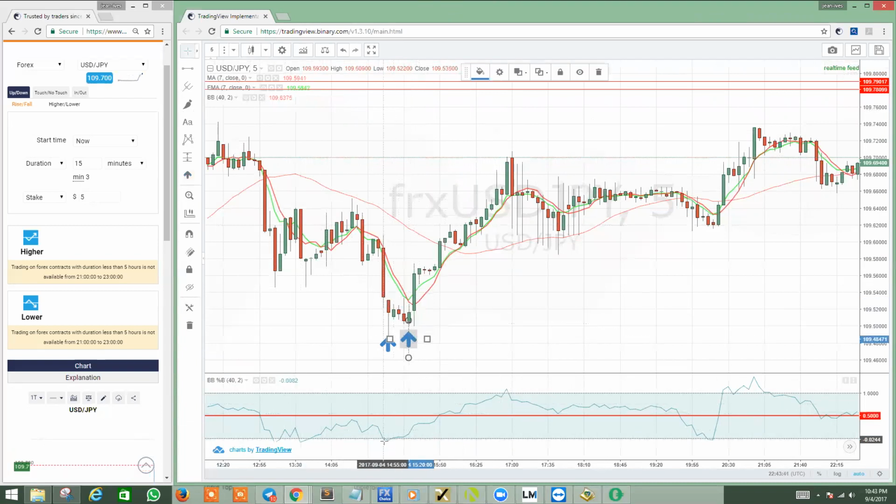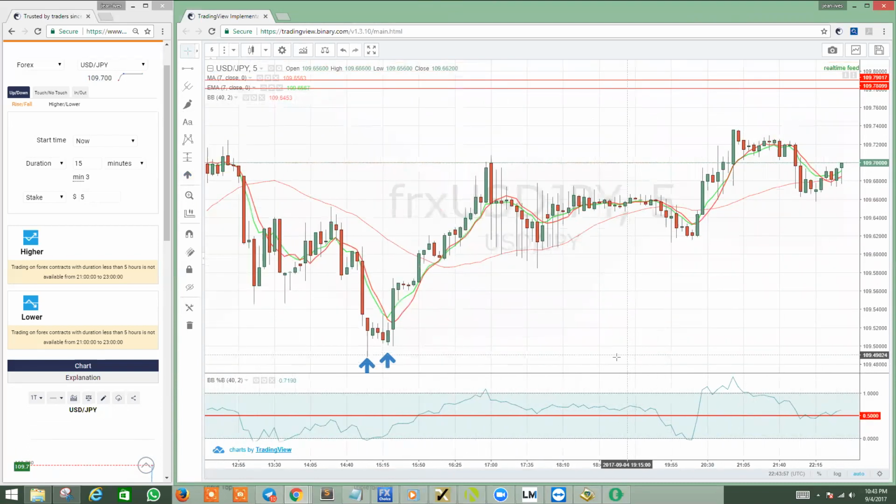Although there was confirmation that the market started reversing, because on this BB percentage right here, you can see that it started getting back into the zone from 0 to 1, then obviously the trend is going to reverse. And pretty much that's where I look to get in. So I want to see at least a strong downward movement or a strong upward movement before I get into a reversal trade.